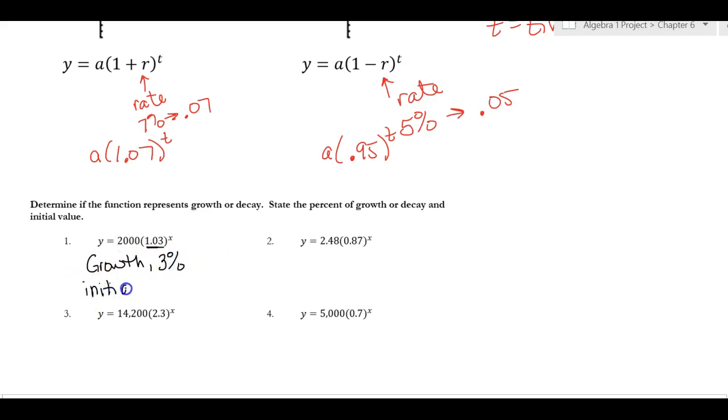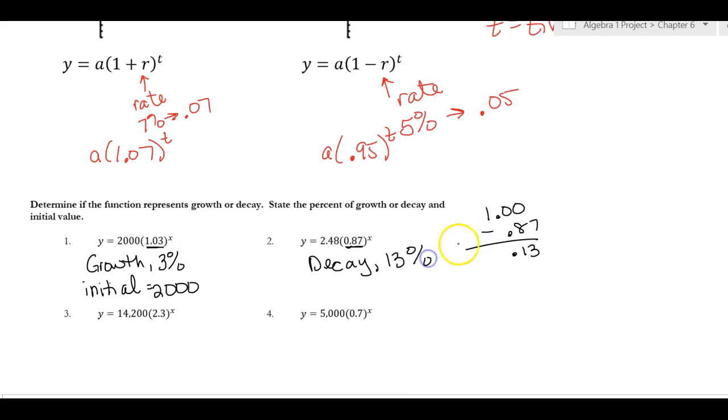And the initial value is the A value, so the initial amount of money was $2,000, if it's talking about dollars. All right, here we look inside. That's less than 1, and that's decay. And so to find out what the decay is, I subtract it from 1. And so it's 13% decay. And then the initial value is 2.48, because remember, initial is the A value.